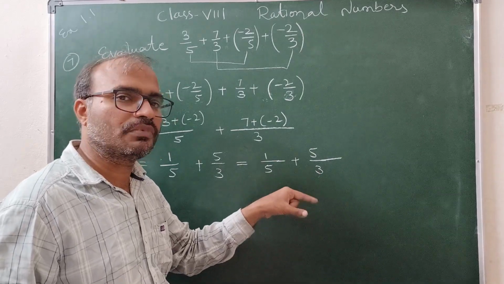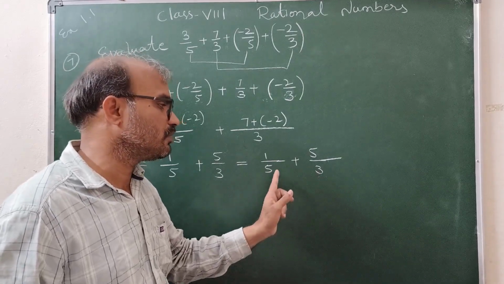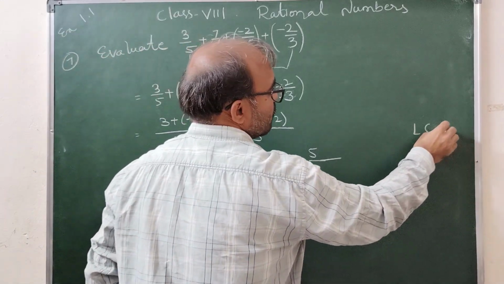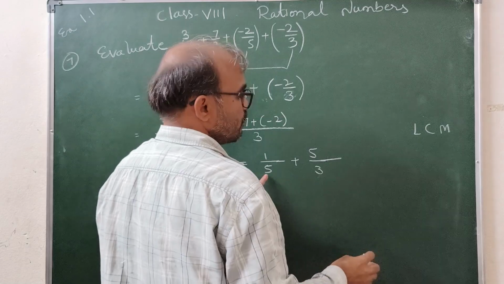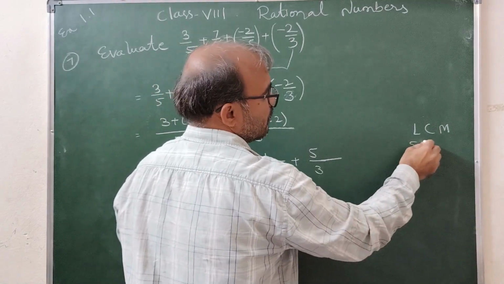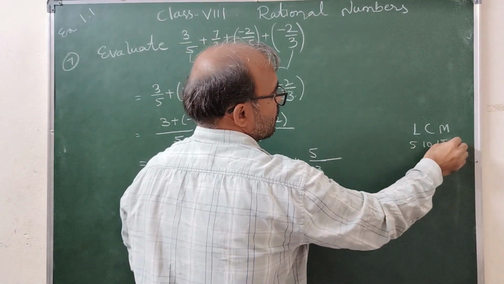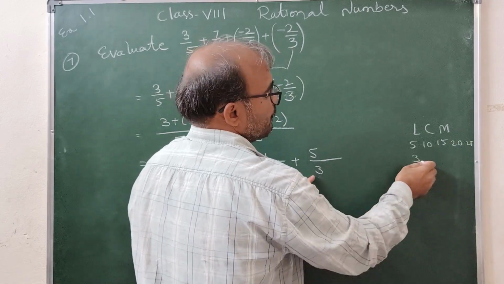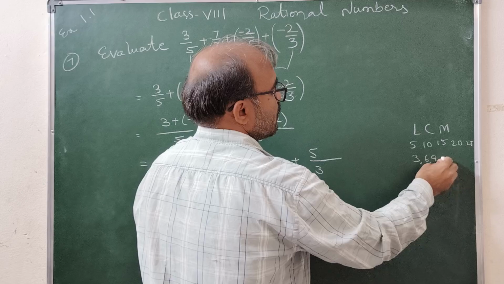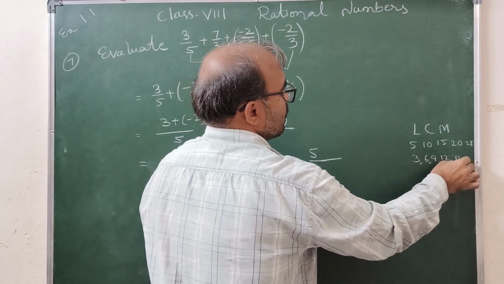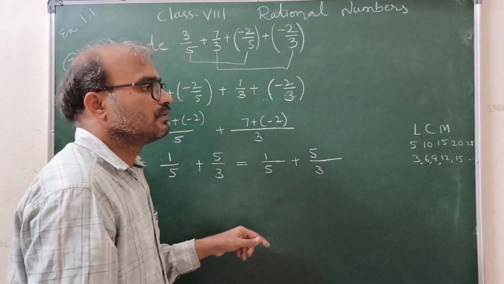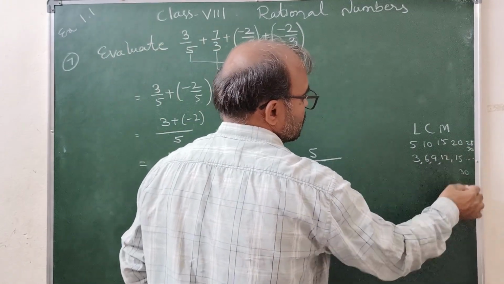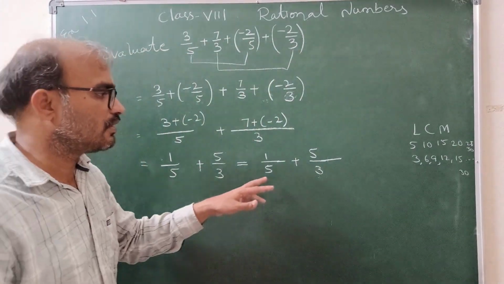Whatever the first multiple that comes up in both the multiples of 5 and 3 is called the least common multiple. You have to see multiples of 5: 5, 10, 15, 20, 25, and multiples of 3: 3, 6, 9, 12, 15, and so on. Next, you will get 30 in both, right?